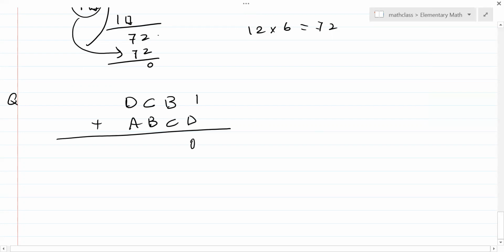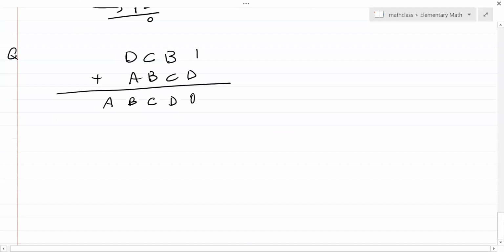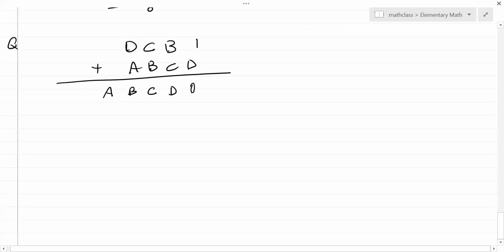0, D, C, B, A, okay? Find all these digits. Determine all those letters. Each letter represents a digit.